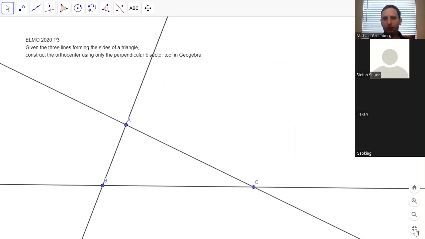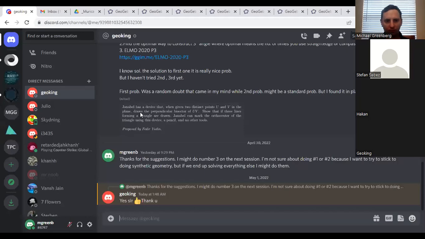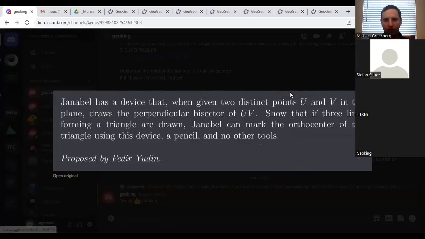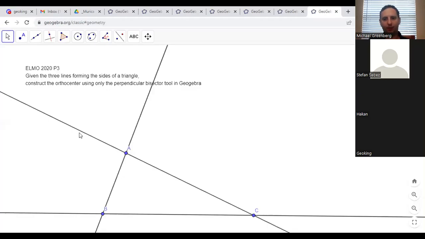Was this what the problem was? Show that if the 3 lines forming a triangle are drawn, he can mark, using this device, a pencil, and no other tools. Yeah. So yeah, we can work on this a little bit.